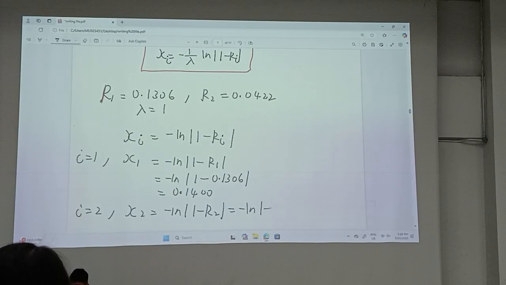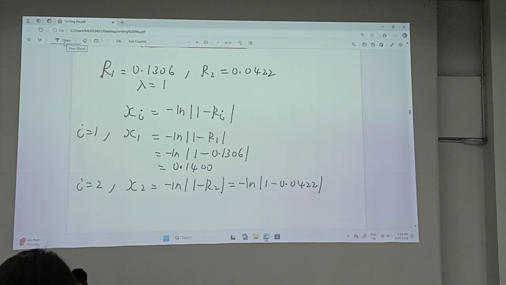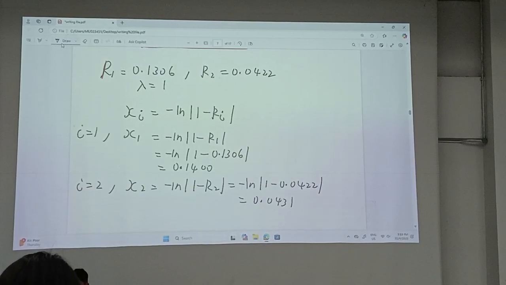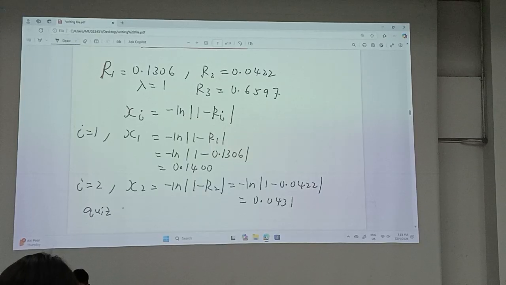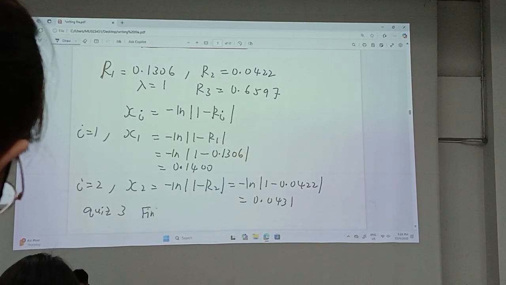Applying R2, 1 minus R2, equal to 0.0431. Okay, so given R3 equal to 0.6597, quiz: number 3, find S3.